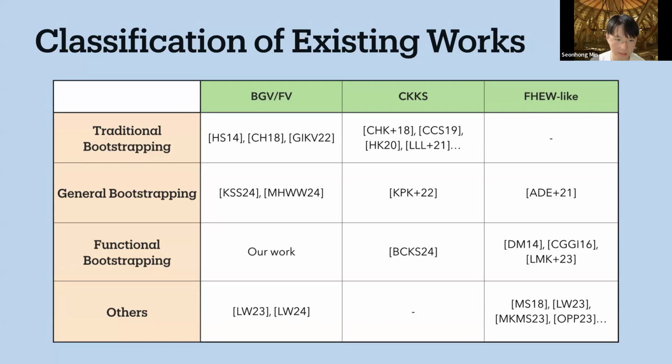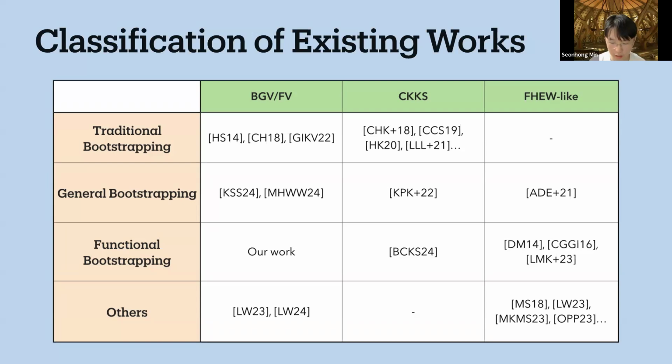And for CKKS, we also have general bootstrapping, KPK+22, and it has functional bootstrapping, BCKS24. It was presented in Eurocrypt 24. So bootstrapping with CKKS is some kind of functional bootstrapping with CKKS. And finally, we have TFHE-like schemes.